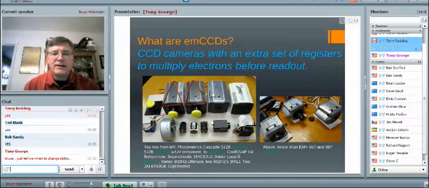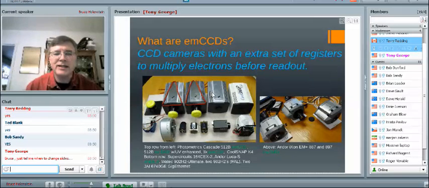And the camera on the lower left of that picture that looks like a part of a Wankel rotary engine is a Luca S, an Andor Luca S EMCCD camera. On the right-hand picture, we have 3 Andor iXon EM cameras, which are really the top of the line EMCCD cameras that are available. Next slide, please.